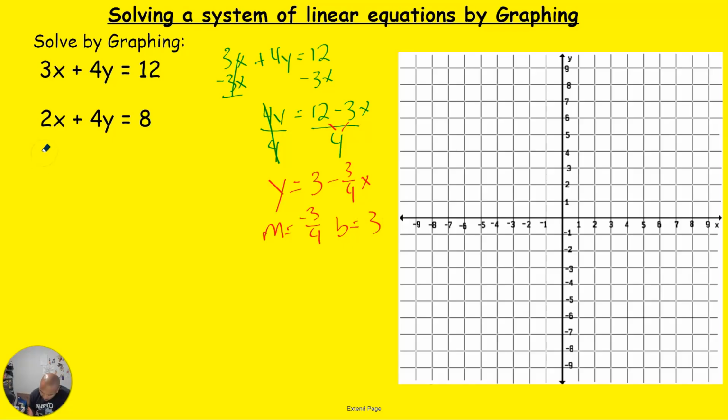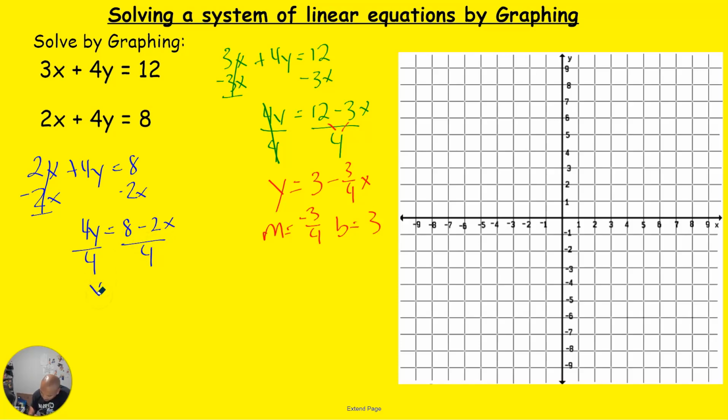Now let's go to the second equation here. 2x plus 4y is equal to 8. So now we're going to solve for y. We're going to subtract 2x. We wind up with 4y is equal to 8 minus 2x. And then we're going to divide by 4 just like before.